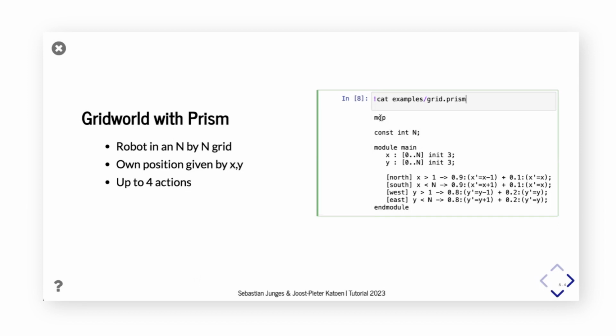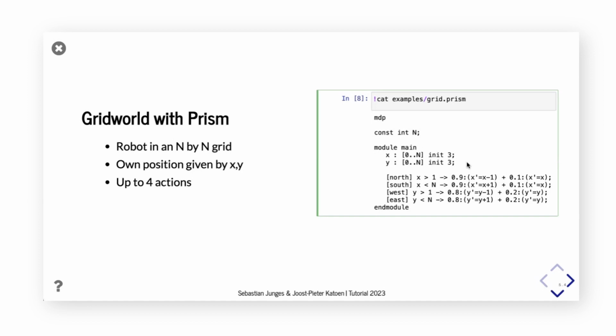We're now providing an MDP. We're saying, well, there is this constant integer n, which tells you the size of the grid. And now the x and the y variable range from value 0 to n. Initially, the value of x should be 3. Y is initially between 0 and n, and initially you're in 3.